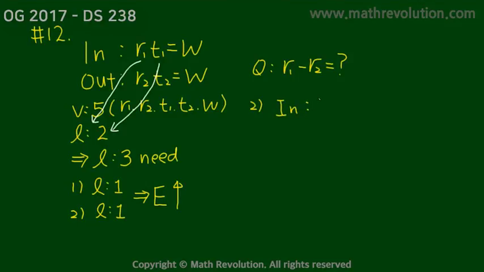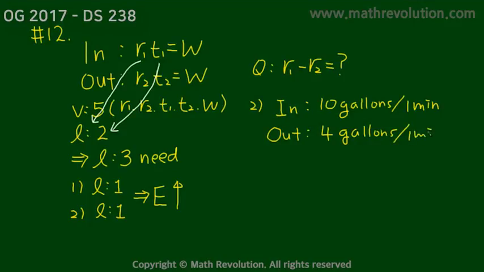It says that for the in pipe, it takes 10 gallons per minute for water to come in. And for the out pipe, it takes 4 gallons per minute. And why is that? Because 10 gallons is the same, but they say that it takes 2.5 minutes for that.